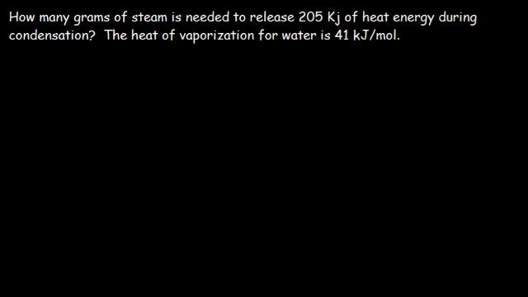Try this one. How many grams of steam is needed to release 205 kilojoules of heat energy during condensation? And we're given the heat of vaporization. So how can we do this problem? So this is another conversion problem. So we need to convert from kilojoules to moles, and then moles to grams.